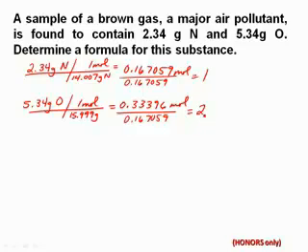So when we get to that whole number place, if it's very close to a whole number, you can go ahead and round it. And what this says is that my formula, these are my subscripts, is NO2. Okay, and that is an empirical formula, and that is also a molecular formula.